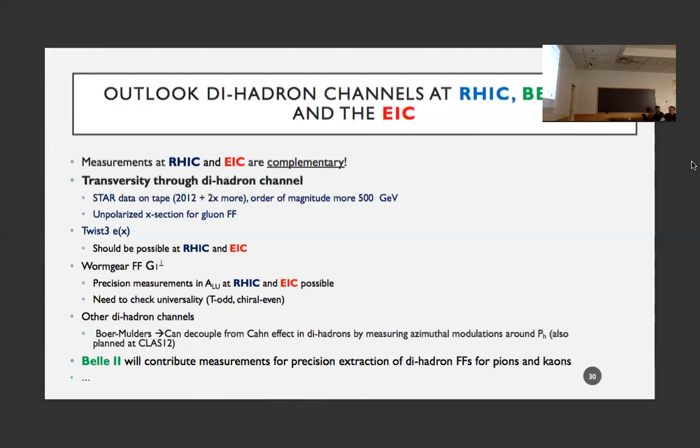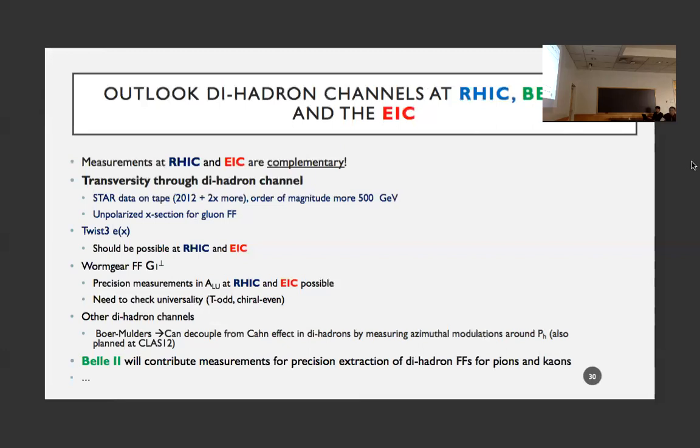You should produce a Lambda transversely polarized, starting from a transversely polarized quark. But how to distinguish this from the capital H1, which is, I guess, the object that describes this fragmentation? Because if you want an analog of the Sivers function, you need something that I should write as H1T.